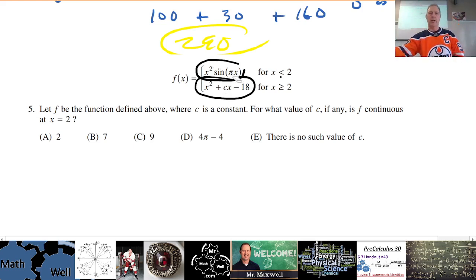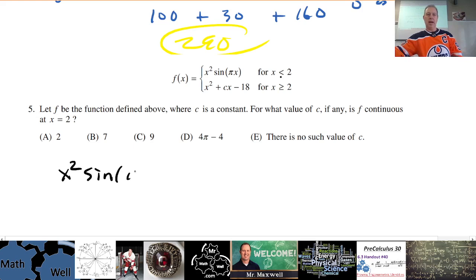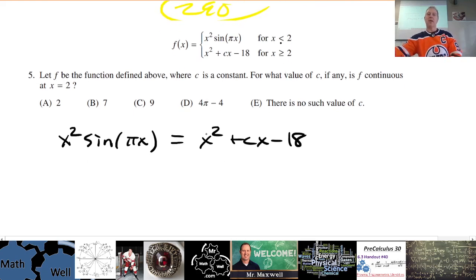So that's maybe not the most efficient way of explaining that, but you want x squared sine of pi x to equal x squared plus cx minus 18. So it's got to be continuous at 2. So these should be the same when x equals 2, right? So we're going to put 2 in there.